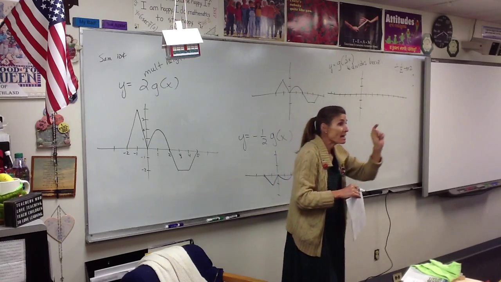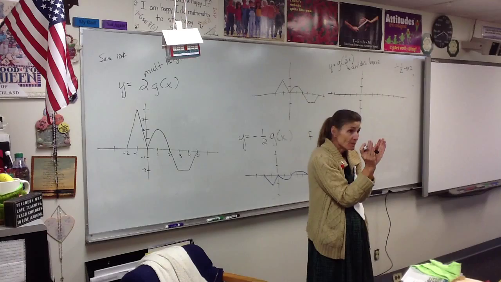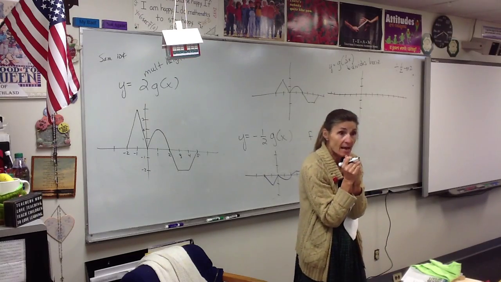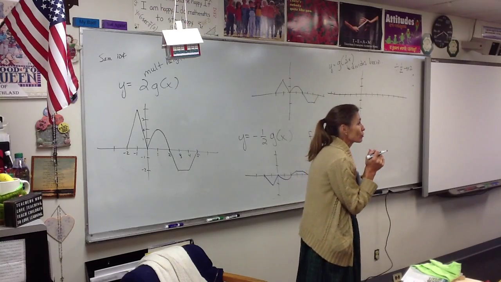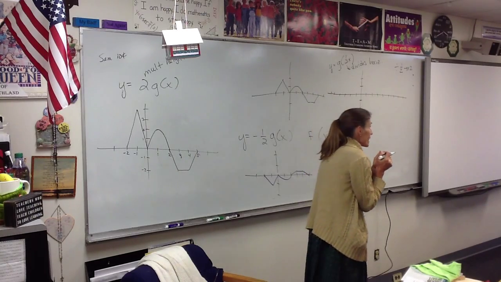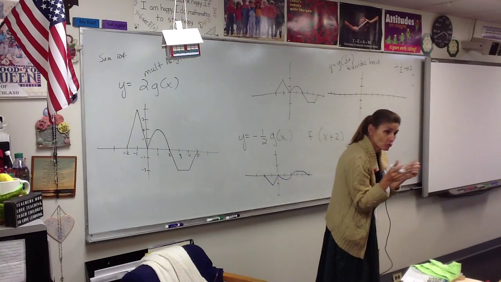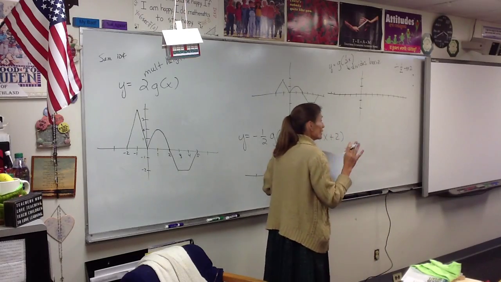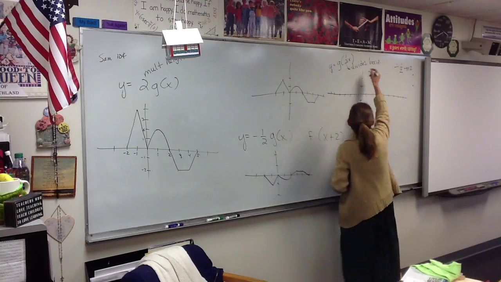Whenever you attach a number in the grouping with the x, it does whatever the opposite is you think. So if it says a half, it really means times 2. What if it said 3x? What would 3x mean? Divide by 3. Right, make it a third as long. Okay, so what does that mean? This thing's going to go twice as long.